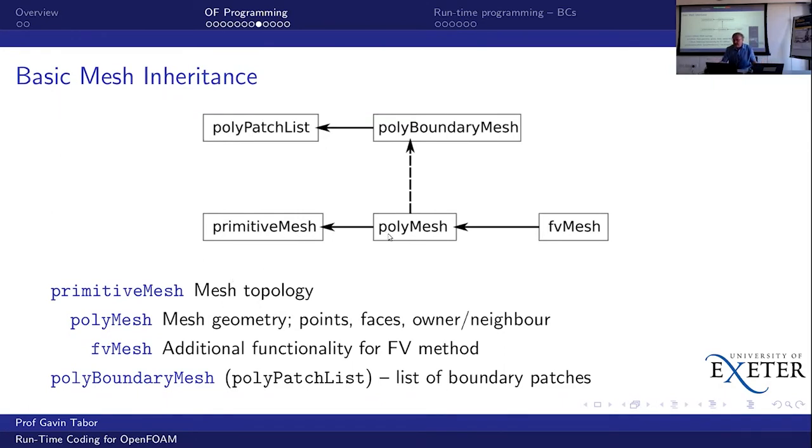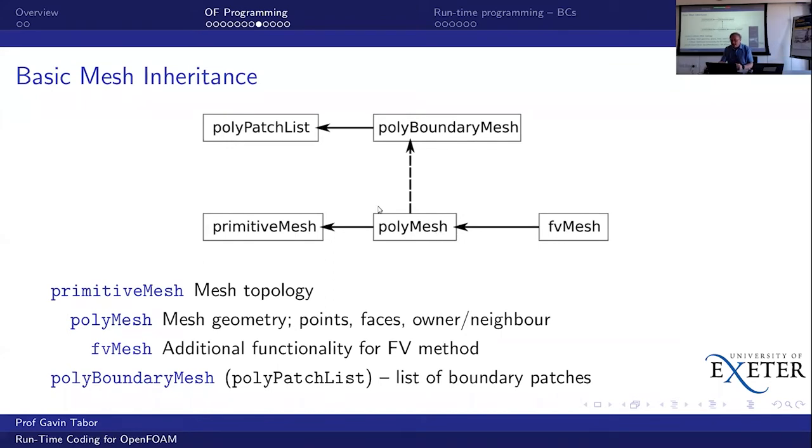Inherited from that is a class called polymesh, and that deals with the geometry, the points, the faces, and so forth. And then derived from that is the class we actually interact with, FVMesh. That provides the additional functionality necessary for the finite volume method, including things like the mesh motion.